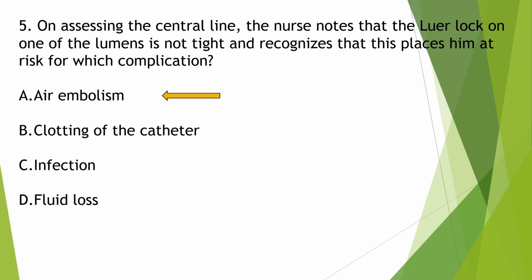Certain nursing actions can prevent air embolism in central venous access device patients, that is proper Trendelenburg position during the central venous catheter insertion, 10 to 30 degrees we can use during insertion. Then avoiding central venous catheter insertion during inspiration, we should avoid that.